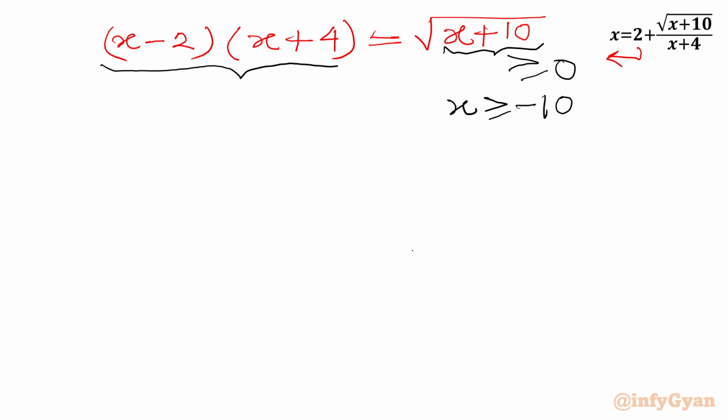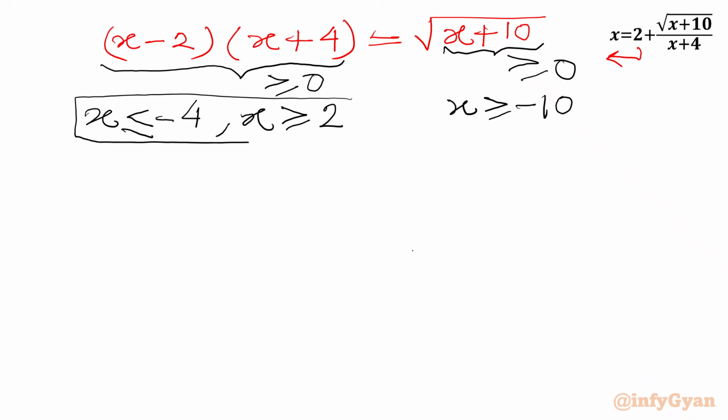Now LHS should also be non-negative. Square root cannot be negative. So we will get two conditions from here. Either x should be less than or equal to minus 4, or x should be greater than or equal to 2. So we have one condition from LHS, one condition from RHS.